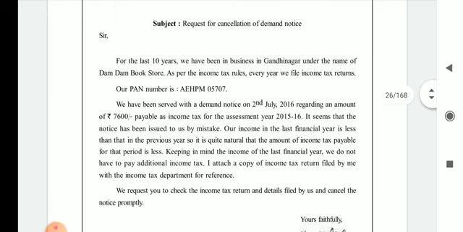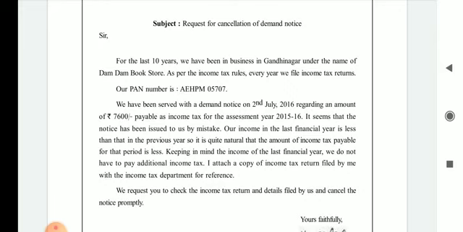Sir is the salutation. First of all, they provide their information. For the last 10 years, we have been in business in Gandhinagar under the name of Dum Dum Bookstore. The owner of this bookstore writes that for the last 10 years they have been dealing in this type of business, running very smoothly under the name of Dum Dum Bookstores.